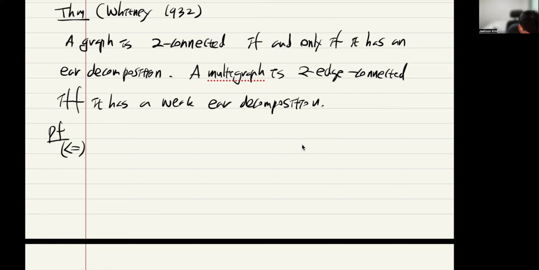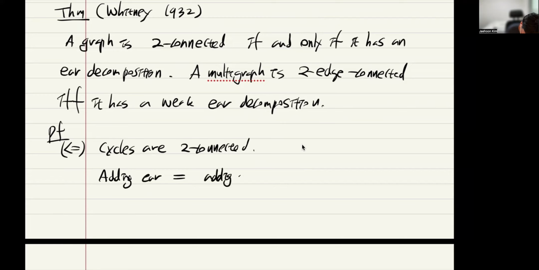Let's prove this way. We say that G has an ear decomposition. Then what? We know that cycles are two connected. So your ear decomposition starts with the cycle. So it is initially two connected. And then you add an ear. But adding an ear is actually same with adding an edge and subdividing.